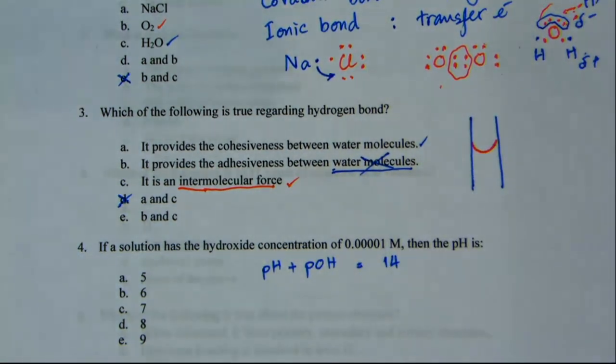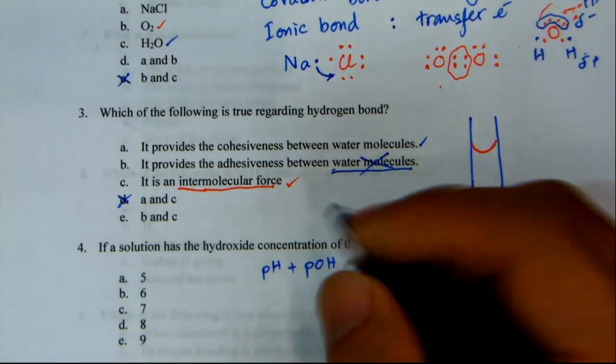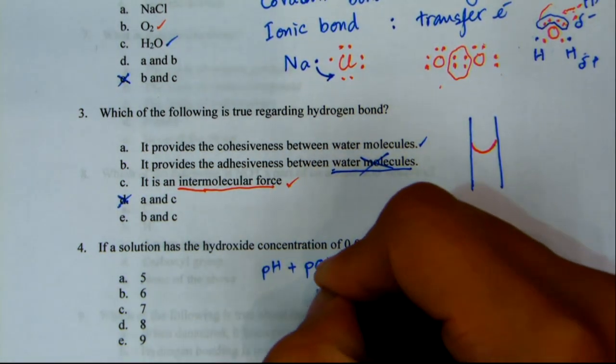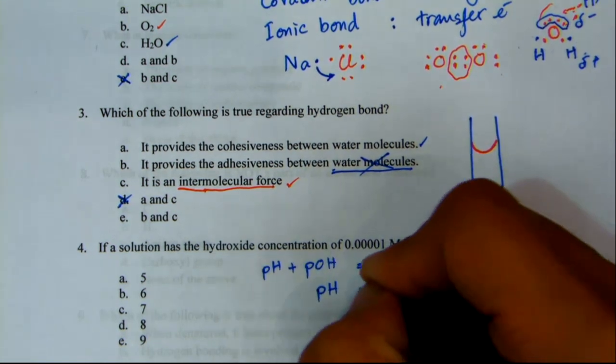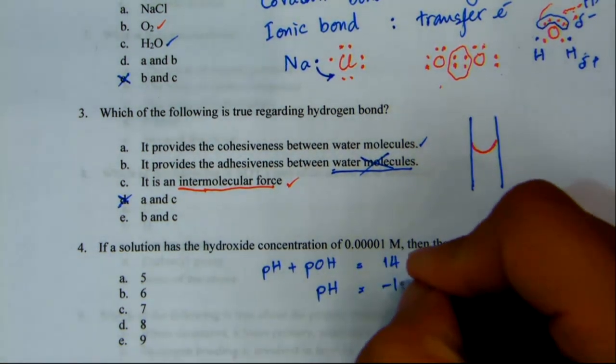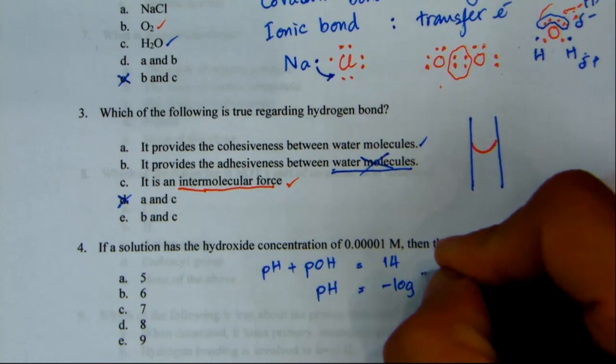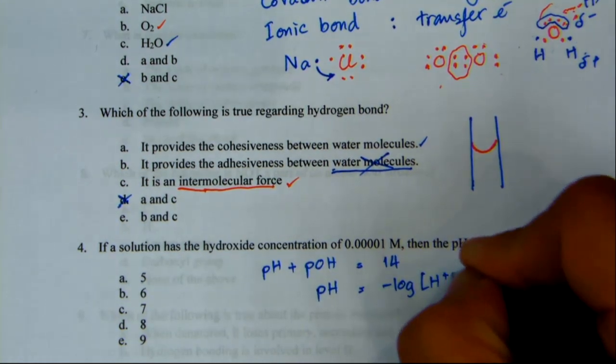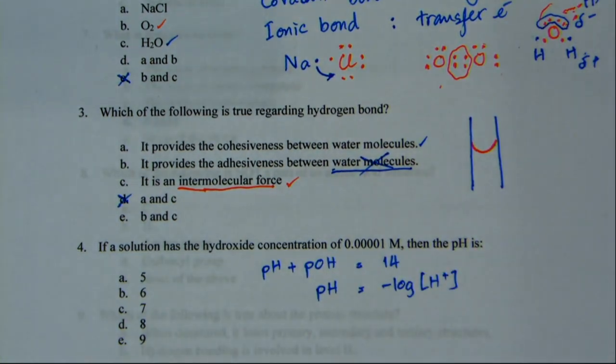Very good. The other one is pH or pOH equal to negative log of the concentration of proton.